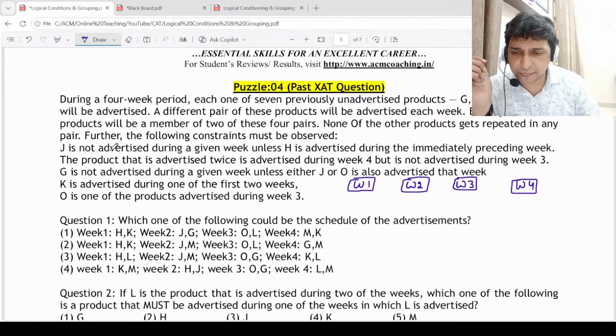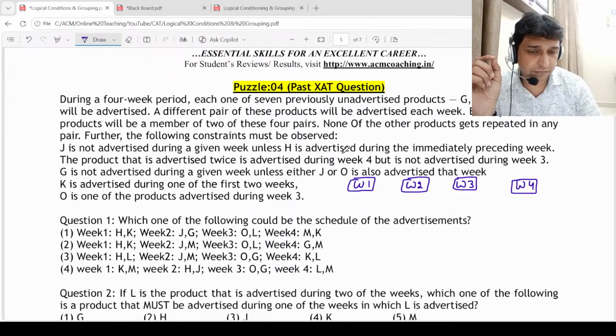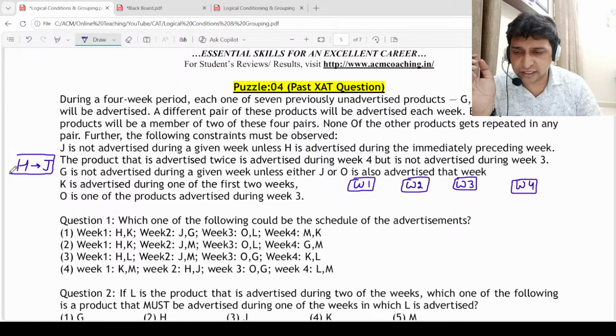J is not advertised during a given week unless H is advertised during the immediately preceding week. That means if there's H, then J can be in the next week. That is the condition.